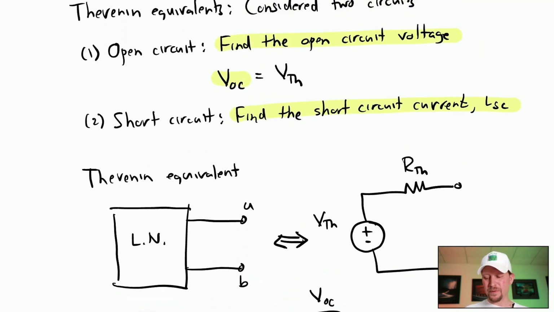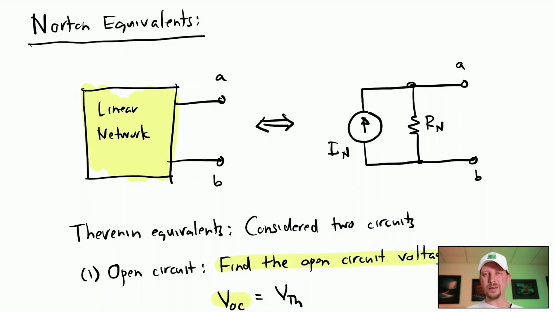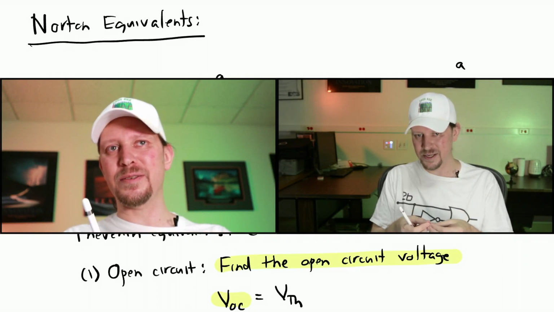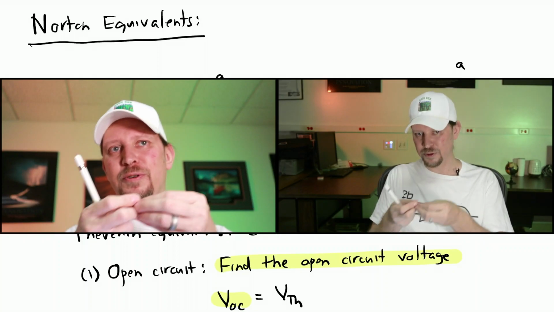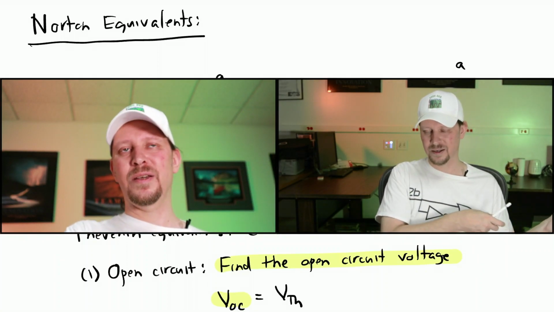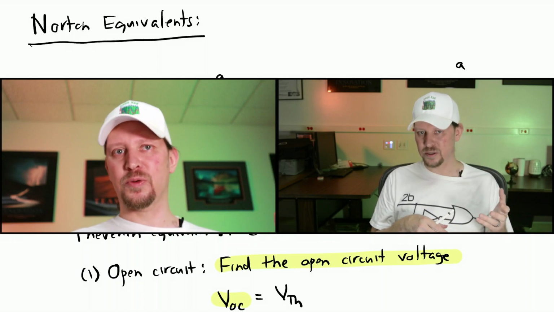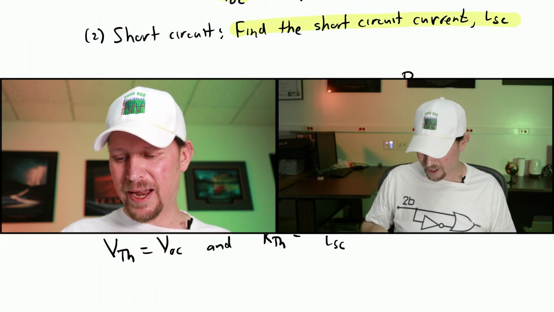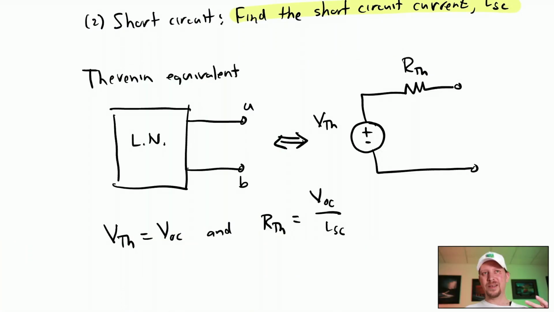Now, for those of you that paid attention to the source transformation lecture, remember that if you happen to have a voltage source that's in series with a resistor, through a source transformation, you can actually replace it with a current source that's in parallel with the same resistor, right? And take a look at the relationship between the Thevenin equivalent and the Norton equivalent. Notice that the Thevenin equivalent itself lends itself to a source transformation.